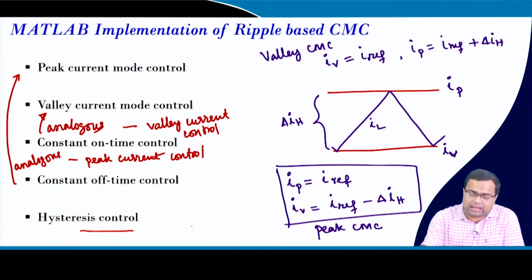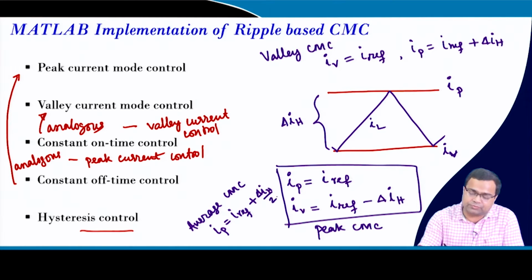And if you want to implement average current mode control, you simply set I peak to I ref plus delta IH by 2 and I valley to I ref minus delta IH by 2.